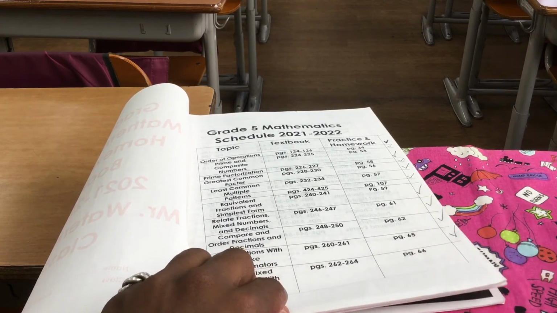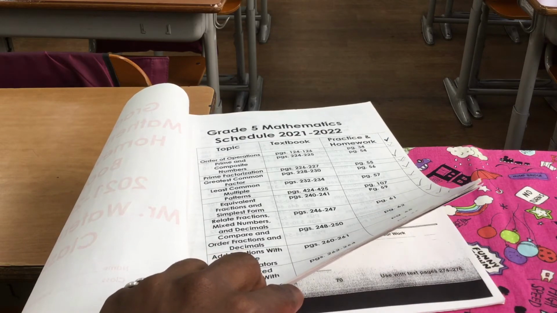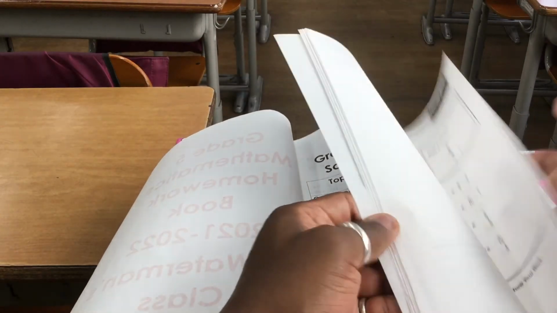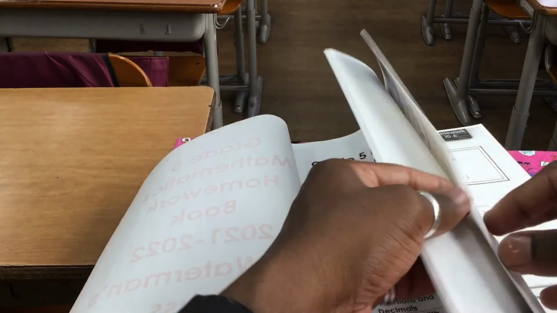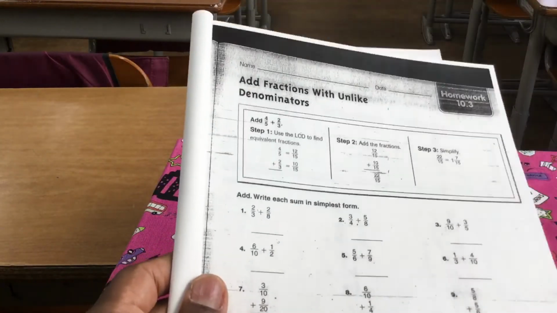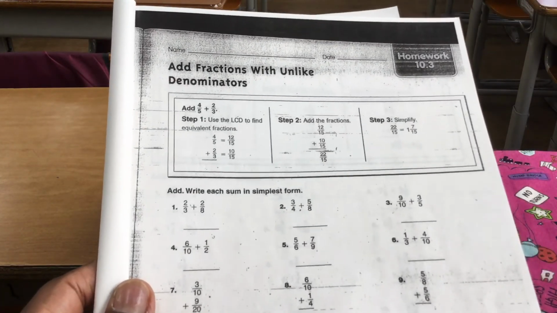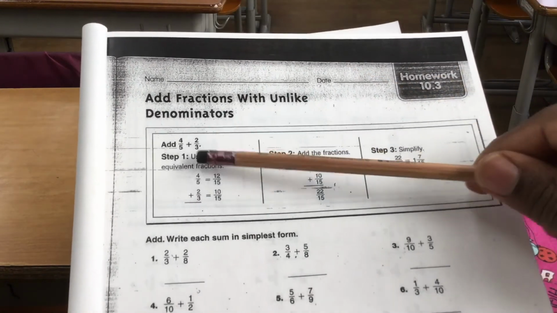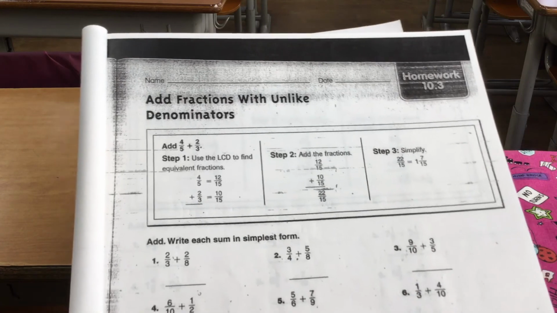Don't worry, if you don't have your homework book, I have the scanned PDF for you. All right. Here we go. Page 65, add fractions with unlike denominators. So they have another example for you at the top before you get started.